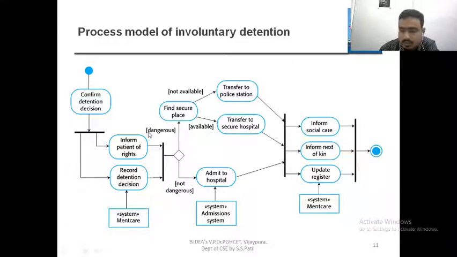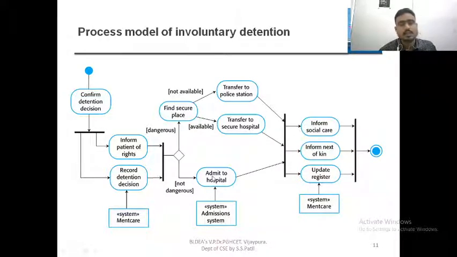There is a possibility that someone mentally unstable is dangerous, and sometimes they are not dangerous. If not dangerous, admit to the hospital. Are you getting the point?